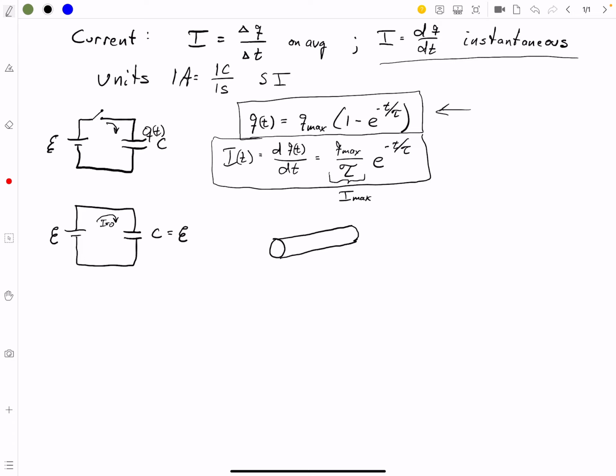So, let's just look at a pipe, say like water, with flow. However, this time our pipe is a conductive material, and we've got positive Q charges going in this direction.